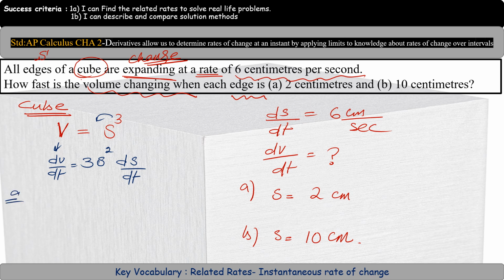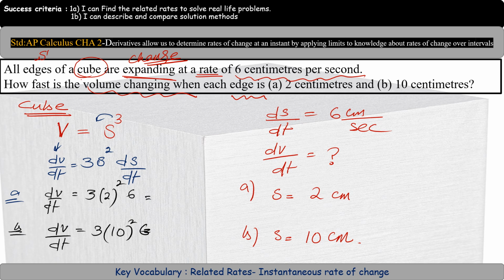Now for the A part, substitute the values. dV by dt, which is not given to you, equals 3 from the formula, s square. So in the A part, s is 2, squared, and ds by dt is 6. Similarly, in the second part, substitute s as 10, so dV by dt equals 3 times 10 square times 6. Now take a moment to solve these.